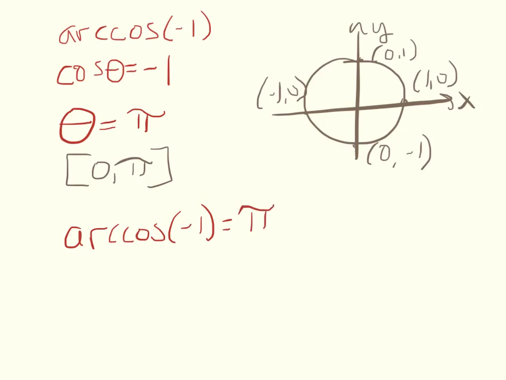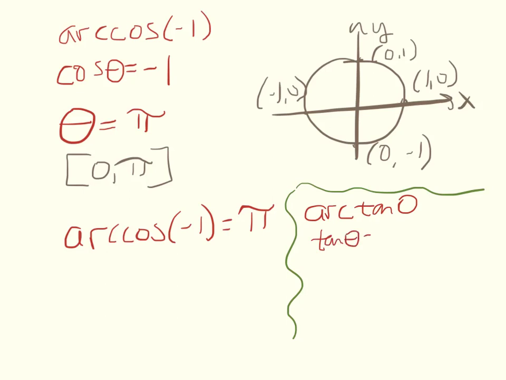Okay, one more with the unit circle. Let's change this to tangent. The inverse tan of 0. Well, where is tan equal to 0? Well, that's going to happen where our y is equal to 0, right? So it's going to happen either at 0 or at pi.